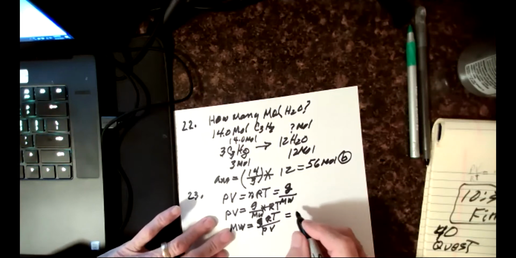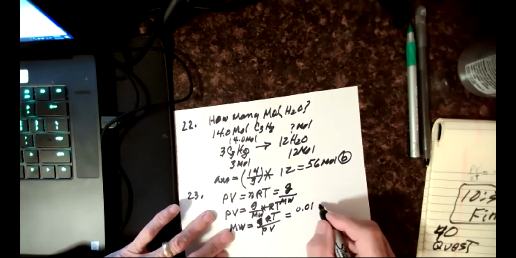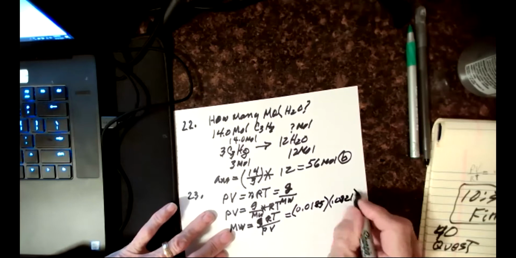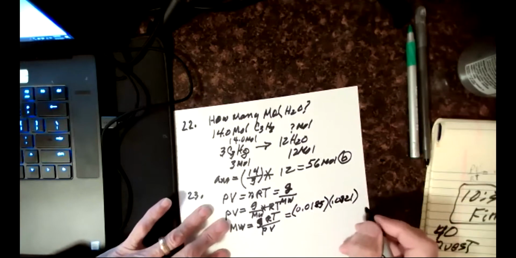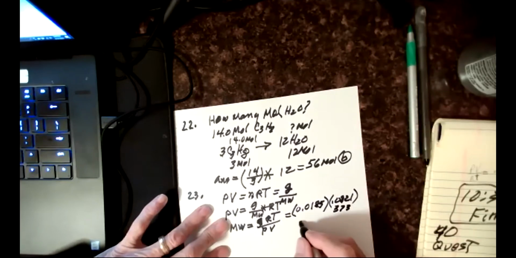Now we can plug in our numbers. The mass of the sample is 0.0185 grams, 0.0821 for R. The temperature is 100 degrees C, so that's 373 degrees Kelvin.